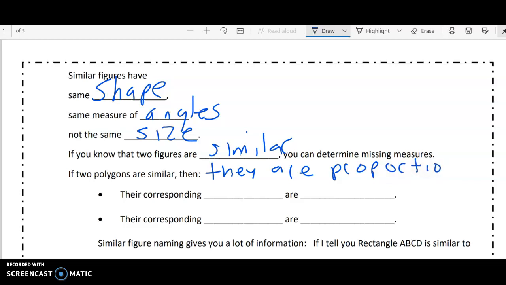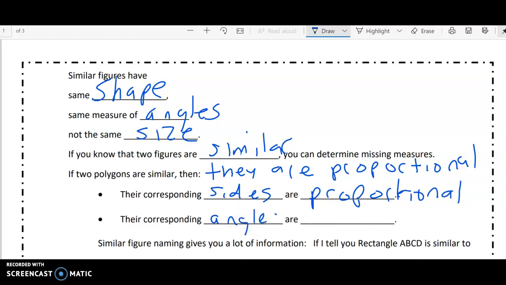So if I say figure so-and-so is similar to figure so-and-so, you know that their corresponding sides are proportional. Said that a couple of times now, proportional, so it's important. And their corresponding angles are the same. Okay, that's going to help us when we set up some information.